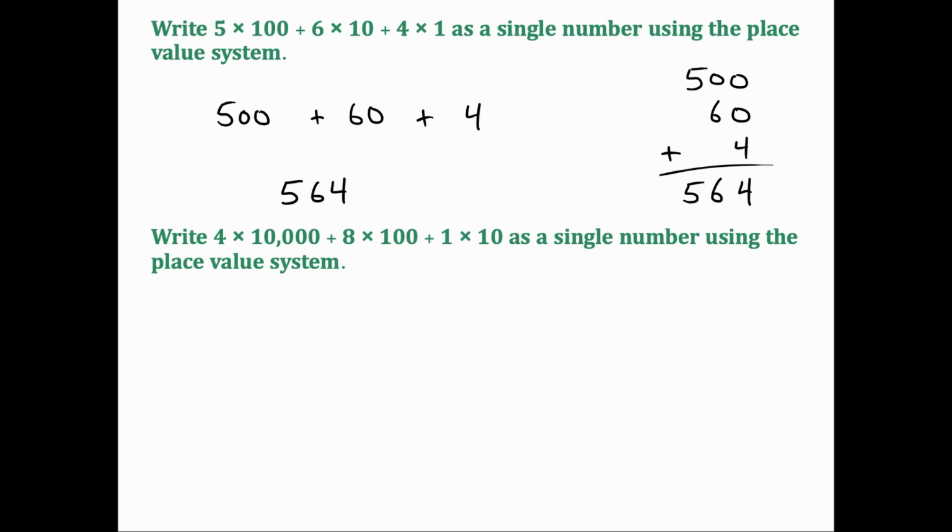Write this as a single number using the place value system. We get 40,000 plus 800 plus 10. We can line them up vertically.